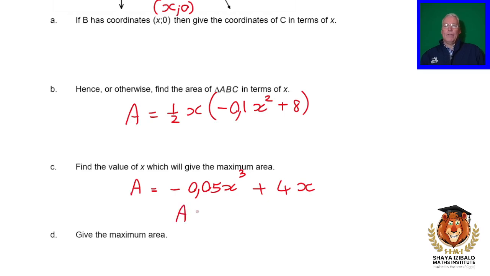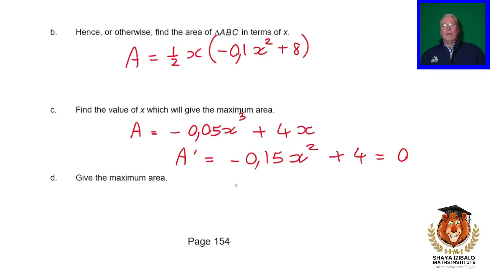Right, we're going to differentiate that. So A dashed is actually going to be negative 0,15 x squared plus 4. We want that to equal 0. All right, so x squared is actually going to be negative 4 divided by negative 0,15.